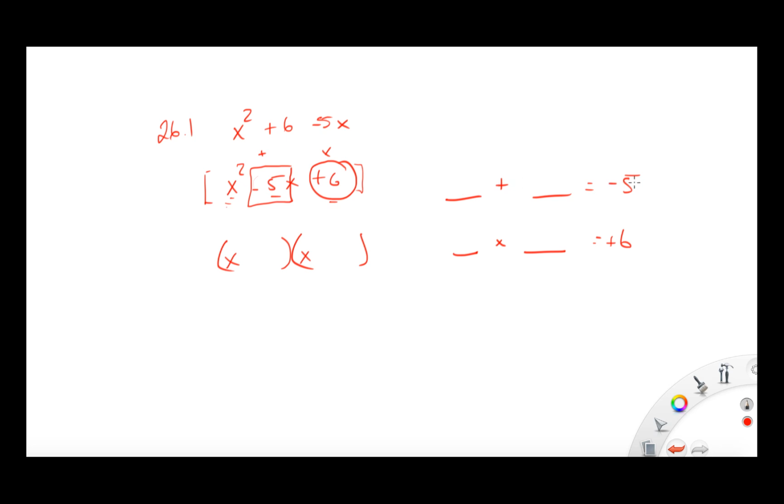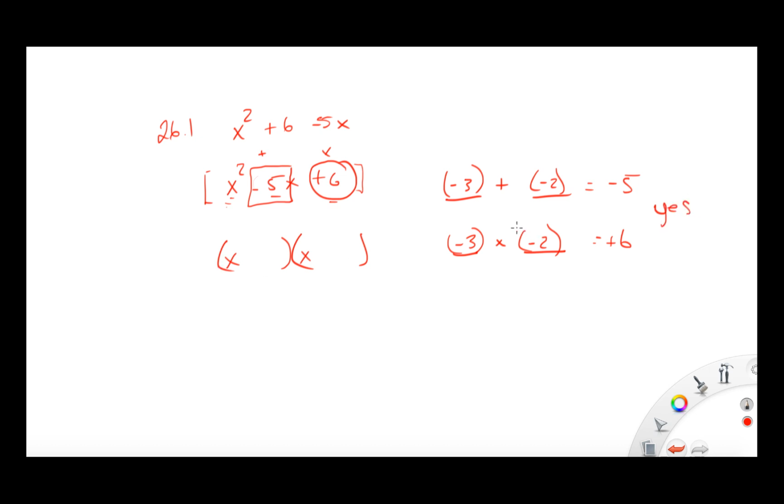What two numbers added together equal a negative 5, and the same two numbers multiplied together equal a positive 6? Well, I do know this, that a negative 3 plus a negative 2 equals a negative 5. Does a negative 3 times a negative 2 equal a positive 6? And the answer to that is yes, both are true.